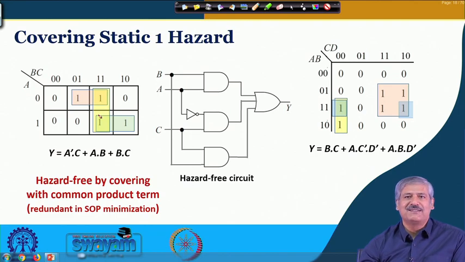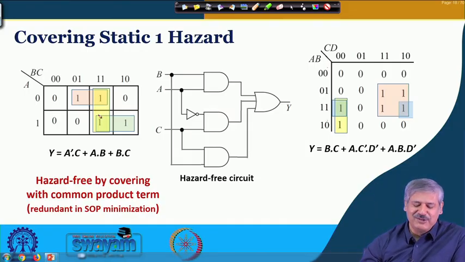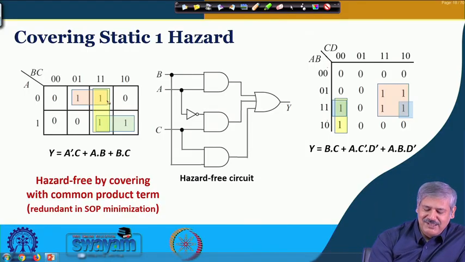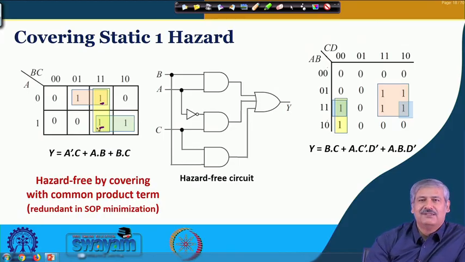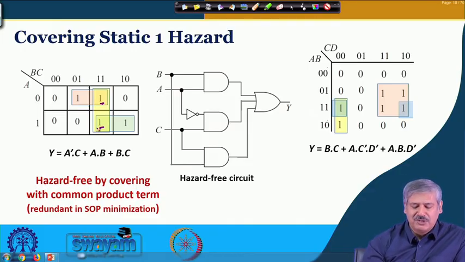So, the solution is to have a common product term that covers logically adjacent ones in the output of a function in a Karnaugh map. So, that is the solution. In the example that we started with, this one and this one did not have one common product term. So, now we look at one common product term that can be there.